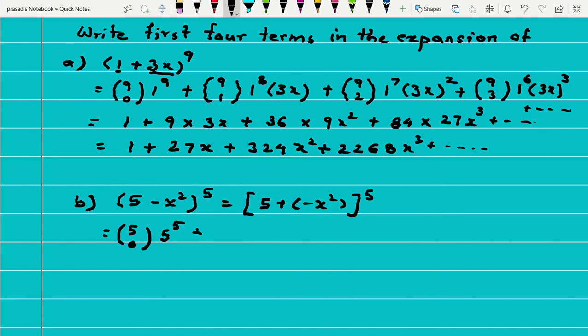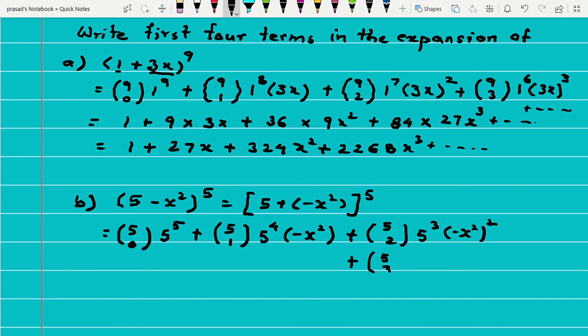Then the next coefficient is 5C1. 5's power 1 less, 5 to power 4, and introduce minus x square here. Then the next coefficient is 5C2. 5's power will be 3, minus x square to power 2. Then the next coefficient is 5C3. 5's power will be now 2 and minus x square power will be 3, and so on.